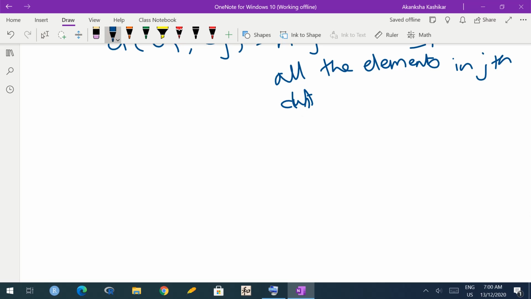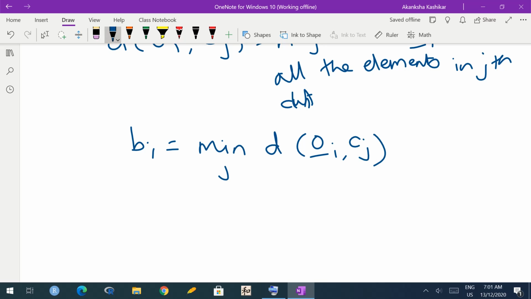And finally we define Bi as the minimum of the distance between Oi and Cj. This minimum is taken over j, and we have to take the minimum only over those clusters in which the ith observation is not there. So Oi does not belong to Cj.